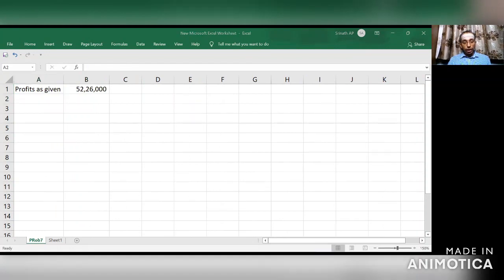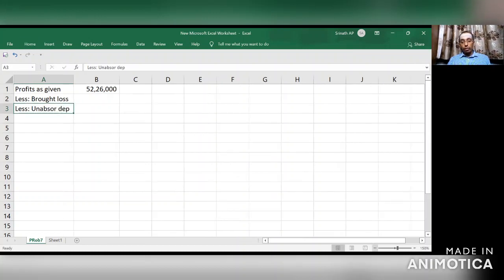Then less brought forward loss, less unabsorbed depreciation. Unabsorbed depreciation is 1.75 lakhs plus 2.2 lakhs, that is 1,75,000 plus 2,20,000, which will give you 3,95,000.